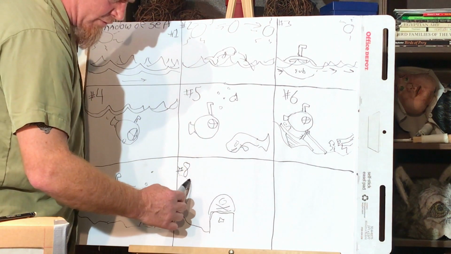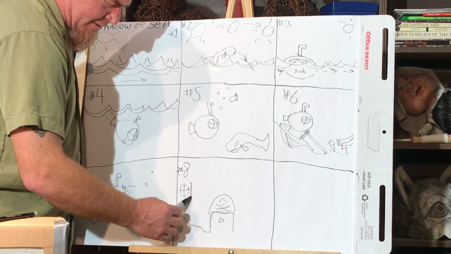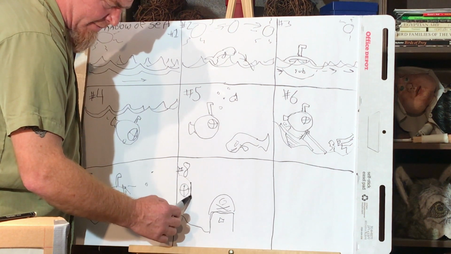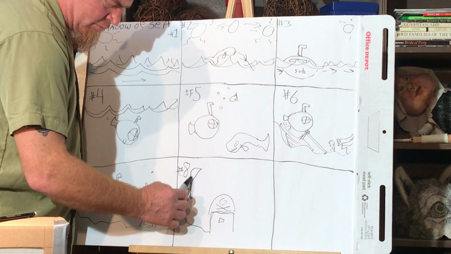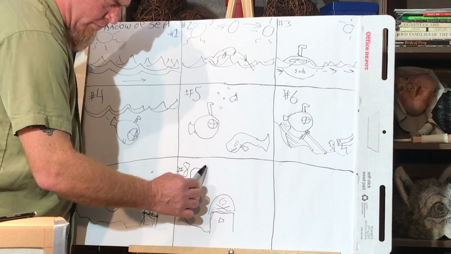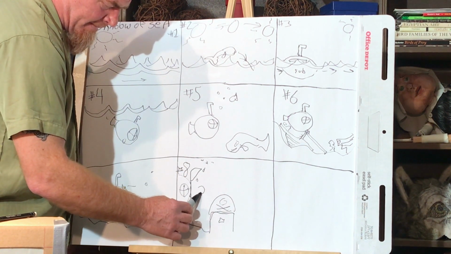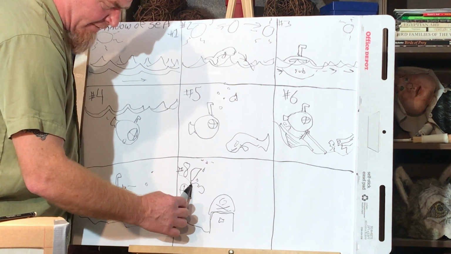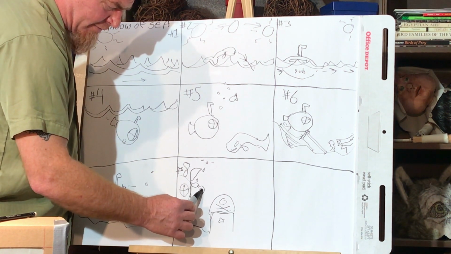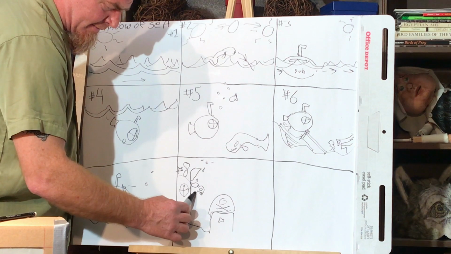Hey, that might be cool. So you open up the hatch that's in front of your submarine. Bubbles come out. And then you come out with your diving suit on and your old style diving thing.